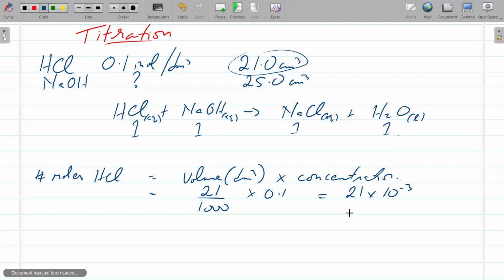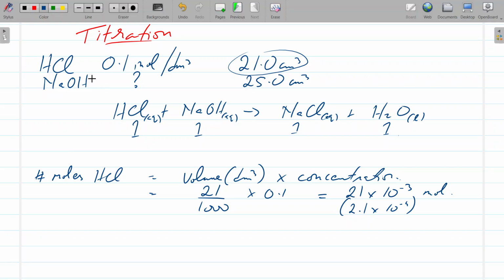Or 2.1 into 10 to the power minus 4, if you want to write it that way. That's the number of moles that you used for hydrochloric acid.